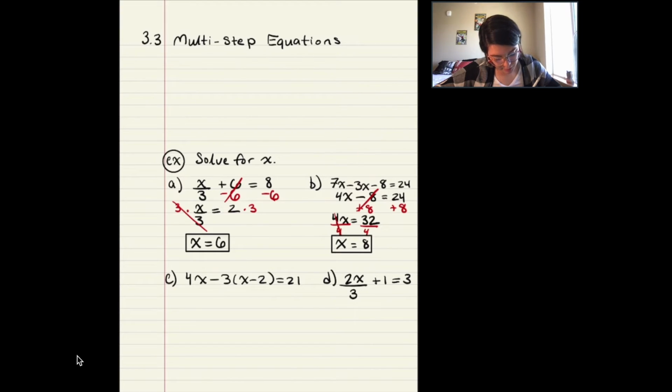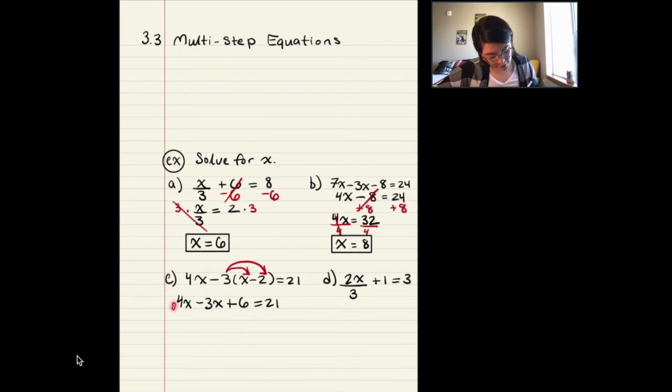And by distribute, I mean we have to multiply x by negative 3, and we have to multiply negative 2 by negative 3. So we have 4x, negative 3 times x will give us negative 3x, and negative 3 times negative 2, well, that's a negative times a negative, so we'll have positive 6 is equal to 21.